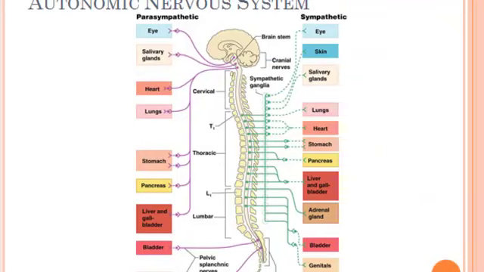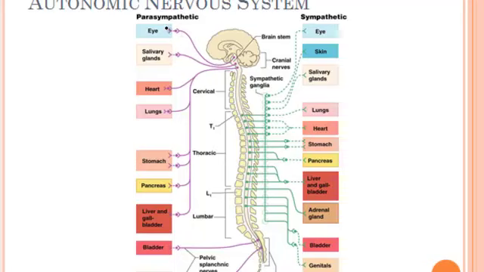There are a few differences between the parasympathetic and the sympathetic within the autonomic nervous system. So again, these have the preganglionic and the postganglionic neurons, but in the parasympathetic, the preganglionic neuron is very long. The postganglionic is very short.